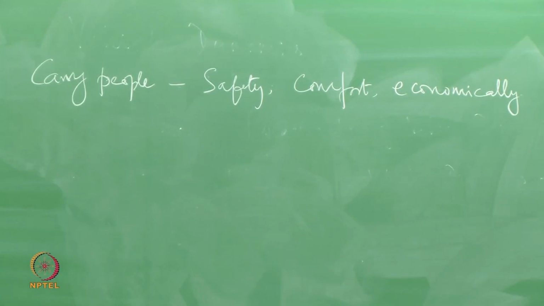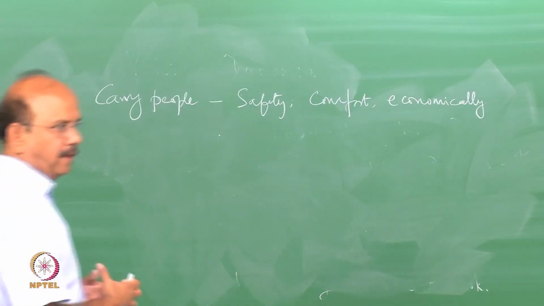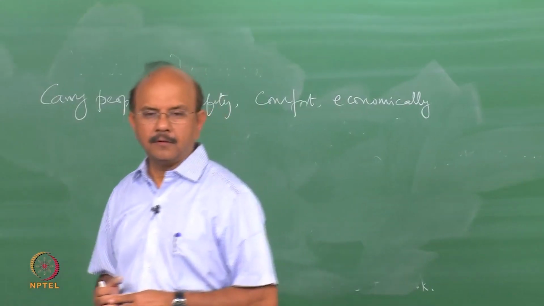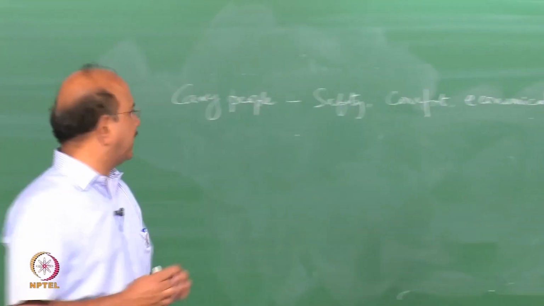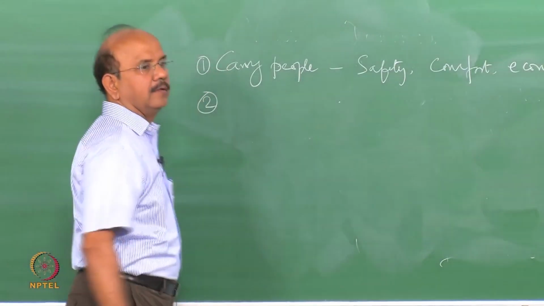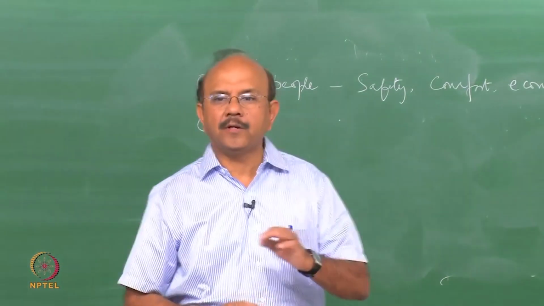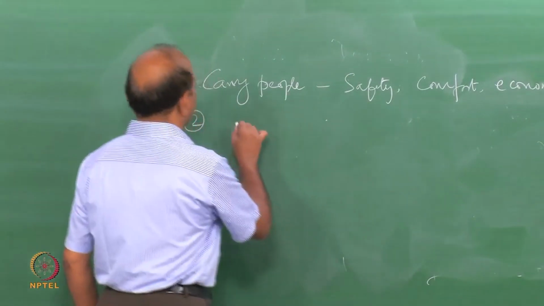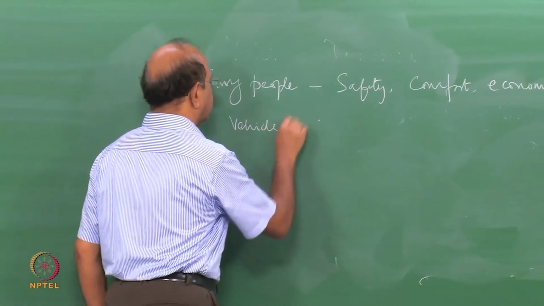Okay. So these are the three fundamental requirements if you look at the vehicle as it moves. The second category, I am not saying it is not important, it's as important as the first one, is the driver interaction with the vehicle. So in other words, the vehicle has to listen to the driver.